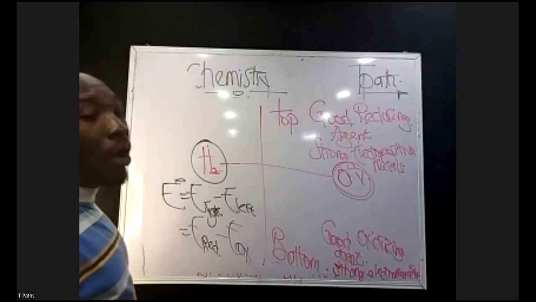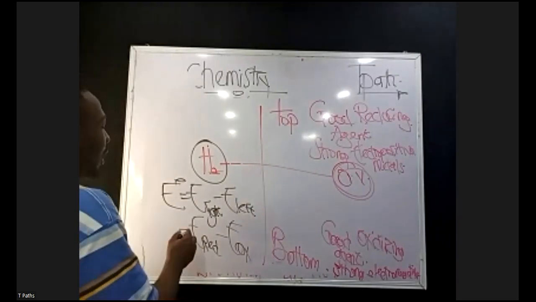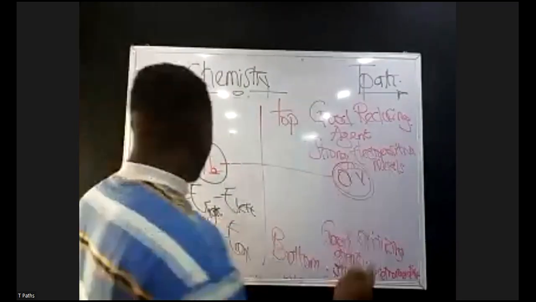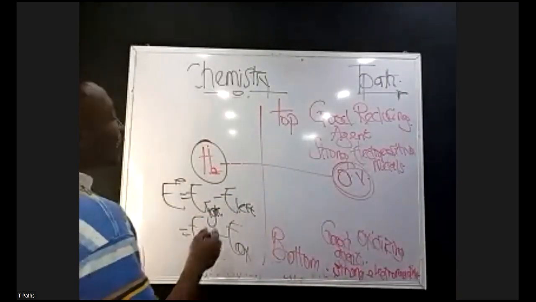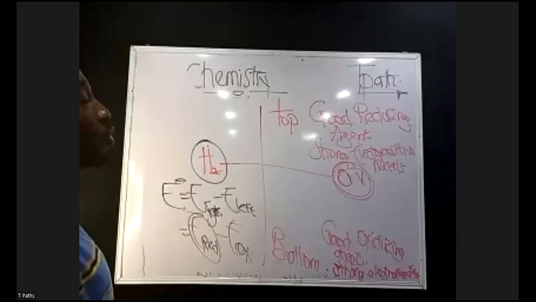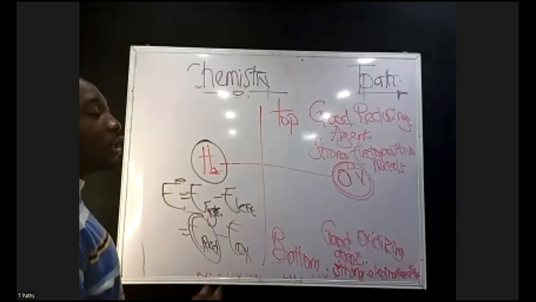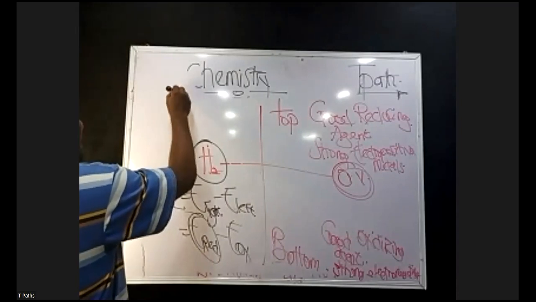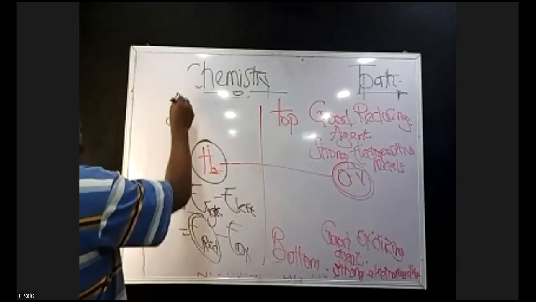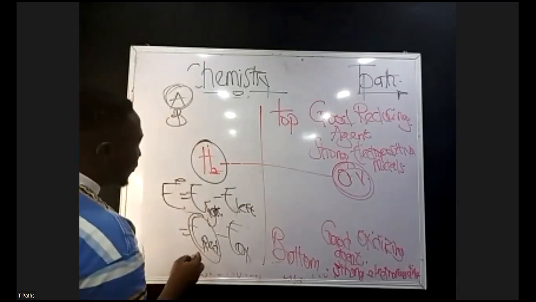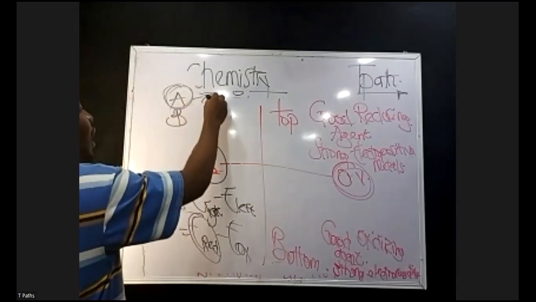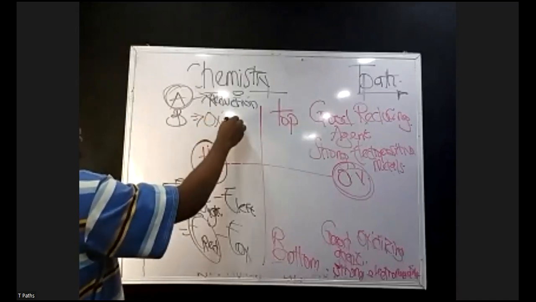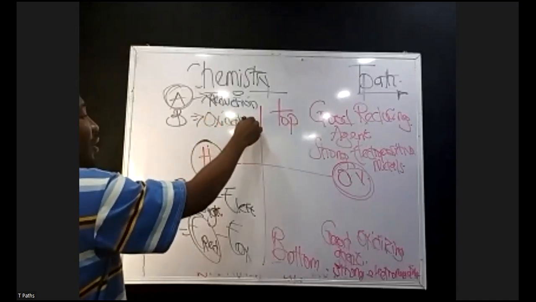That means the more positive the standard potential of a metal is, the more that is the reduction potential. So if you have half cell A and half cell B, and this is more positive in nature, that means this will be the reduction half cell. If it is more negative in nature, this will become the oxidation half cell. That's why you need to know the fact about the electrochemical series.